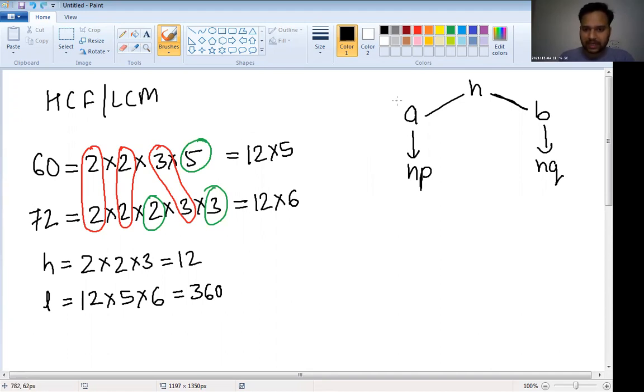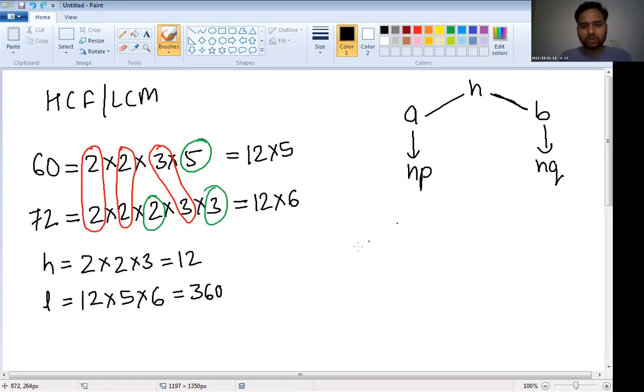So if A is equal to 60 and B is equal to 72 and the HCF is 12, I can write A as 12 into 5 and B as 12 into 6, right? I can do that.